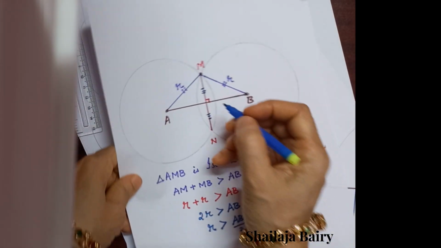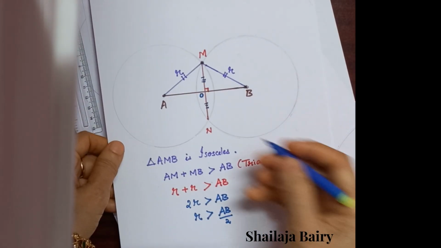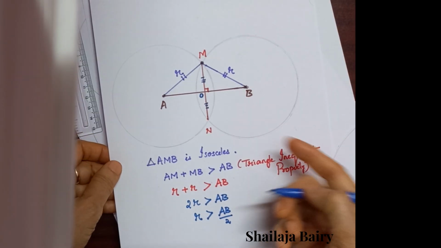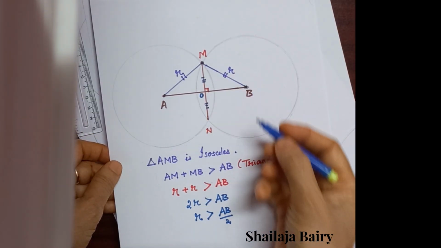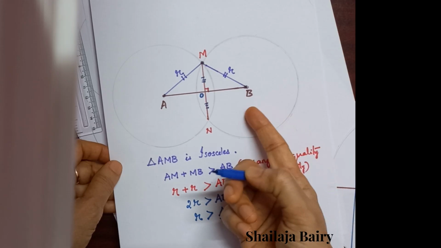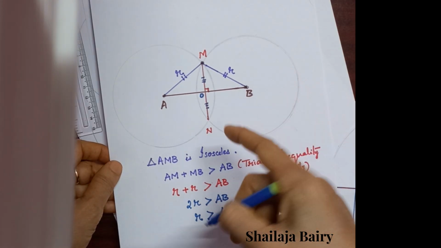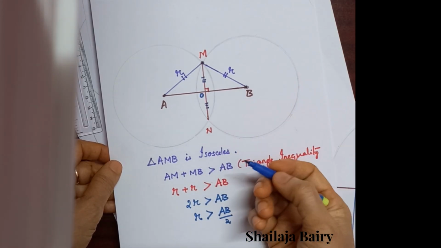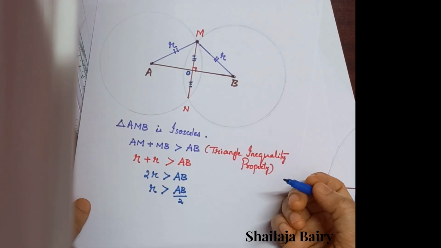So if I name this as O, MO is equal to NO. So that is one of the properties, that any bisector will be perpendicular and the converse, any perpendicular will be the bisector.